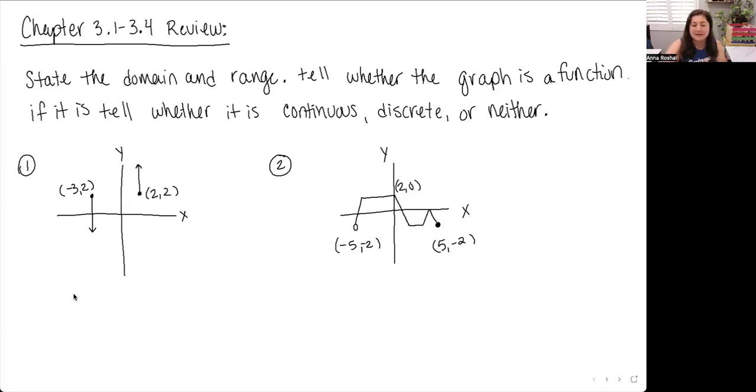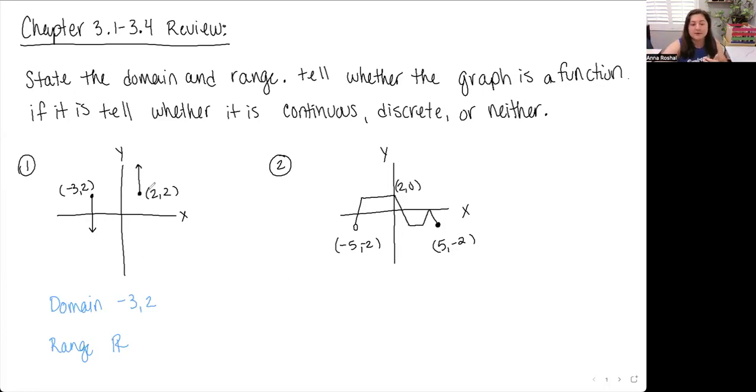And we can state that the domain is just -3 and 2, because every single value on this graph is going to be -3 for the x or 2 for the x. So my domain would just be -3 and 2. And then my range in this case will be all real numbers, because I'm going to go from way down there in the depths of despair of -infinity all the way up to positive infinity, because I have arrows that are pointing in opposite directions.